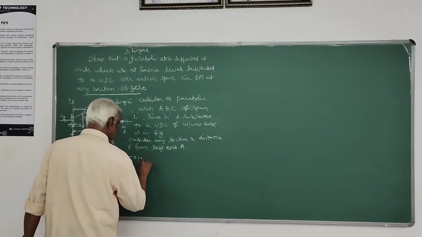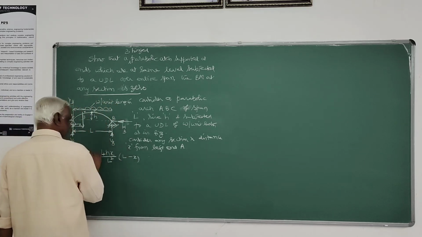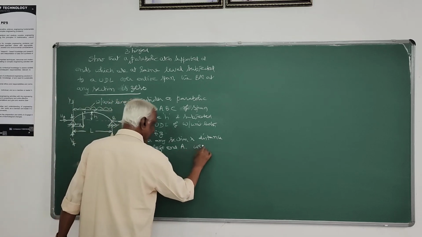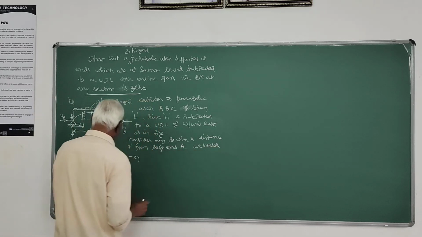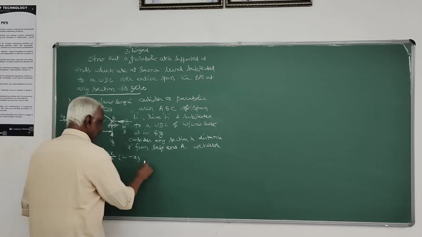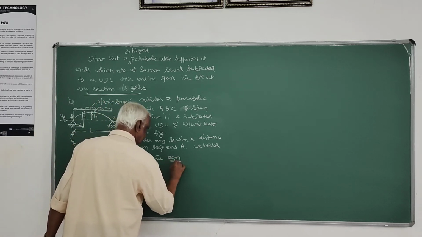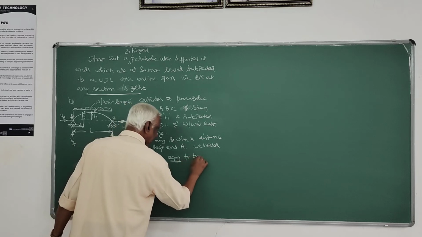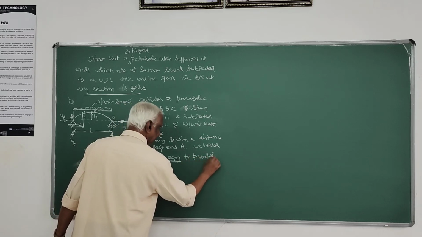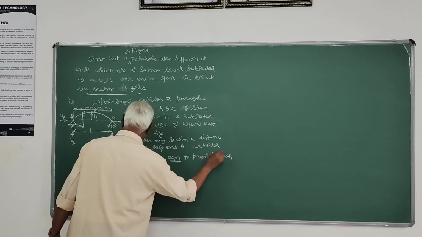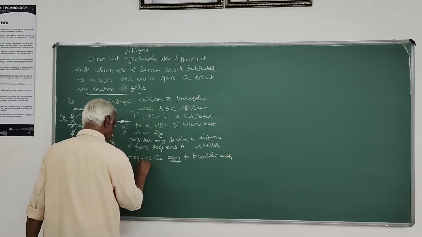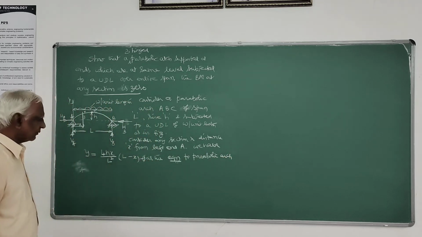So y equals 4hx by L square into L minus x is the equation of the parabolic arch. This you call equation 1.